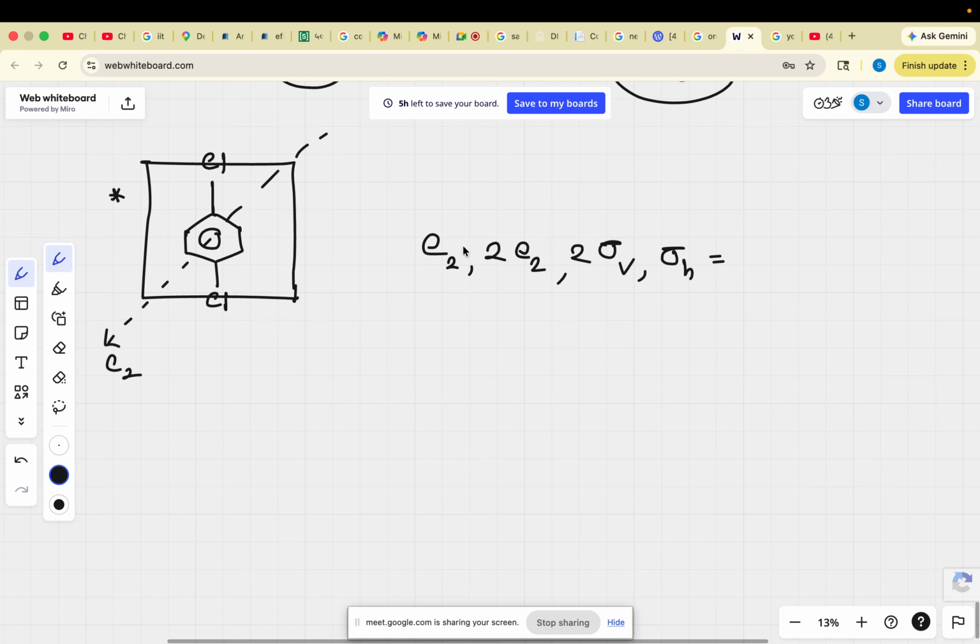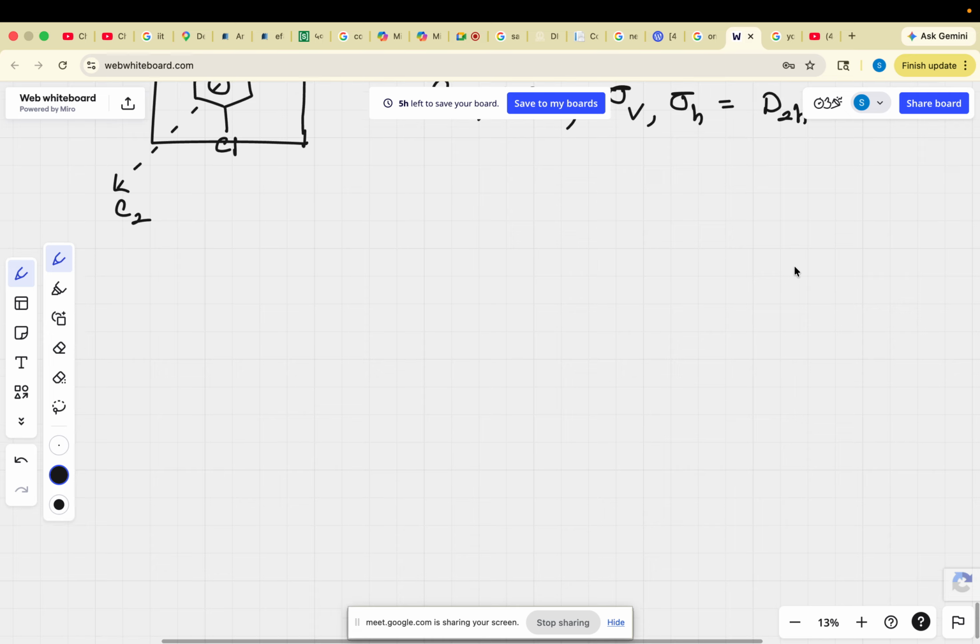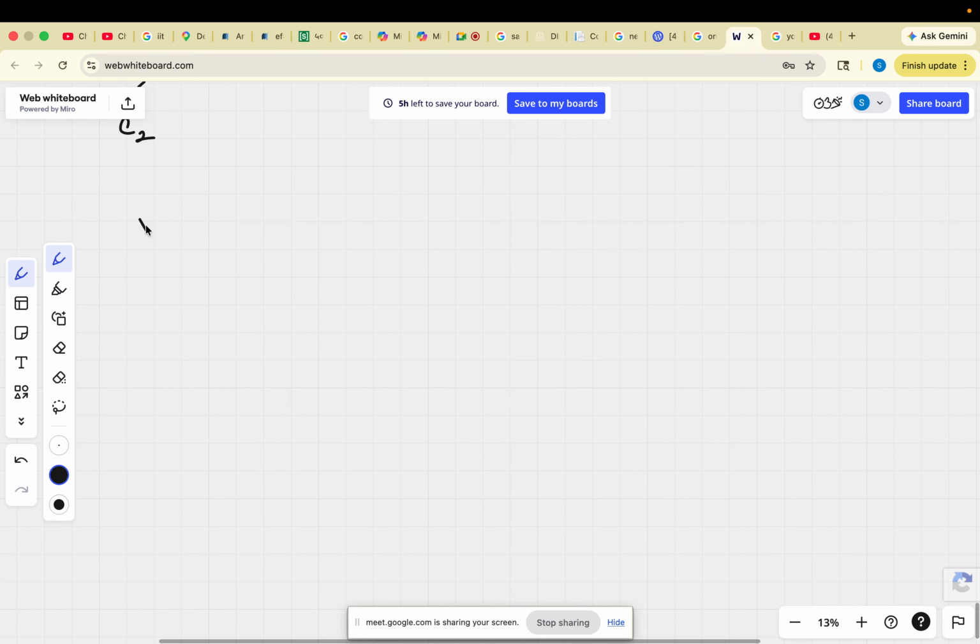So you have one C2 axis, then two C2 axes, two sigma v and sigma h. That leads to the D2h point group. Fine.